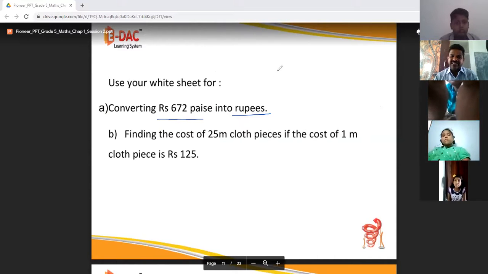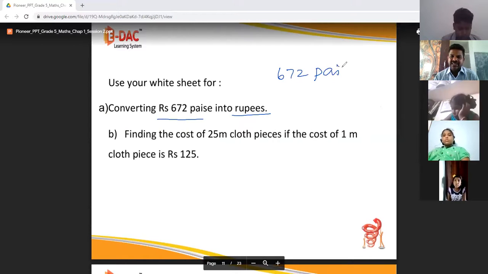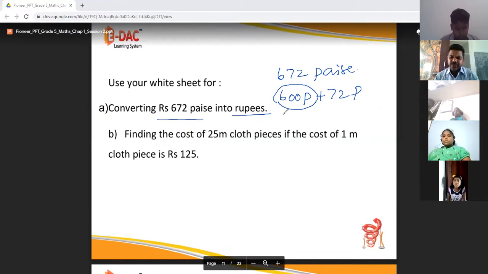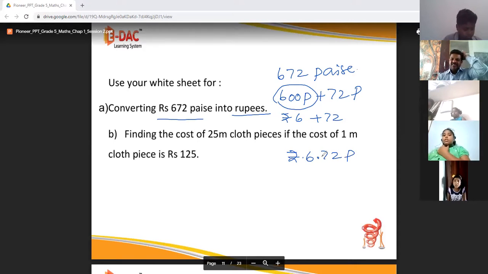How many 100 pies are here? 600 pies plus 72 pies. 600 pies makes 6 rupees plus 72 pies. How to write this? 6 rupees 72 pies. You can write it like that.